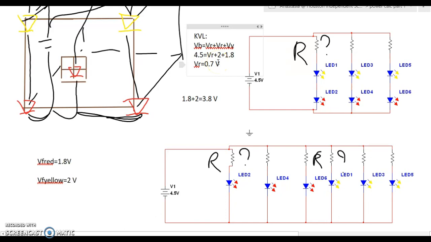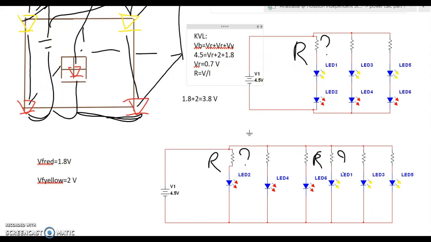In order to find resistance, I need to know what is my current, because I need to use Ohm's law, V over I. So I need the current. But what is my current? Well, this is not a science class. You don't find the current, you assign the current.